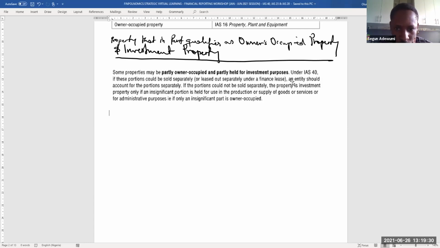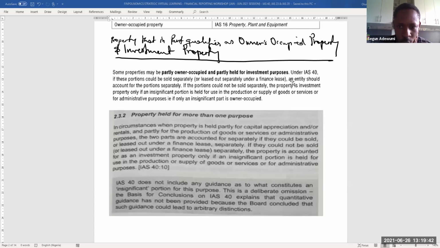If the portions could not be sold separately, the property is investment property only, if an insignificant portion is held for use in the production or supply of goods or services or for administrative purposes, that is, if only an insignificant part is owner occupied.